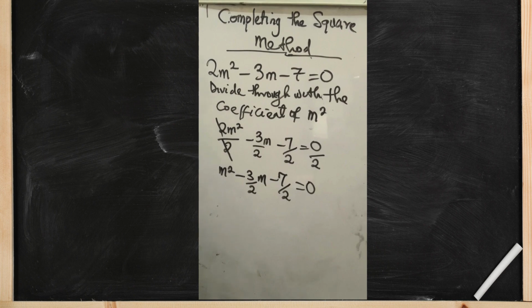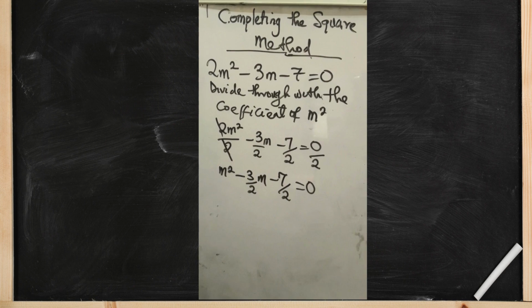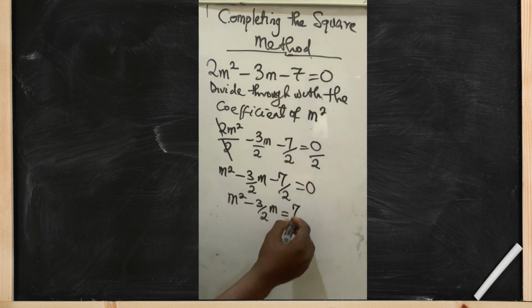You remember the next step that we spoke about the other time is to move the constants to the right hand side in order to make the part of the equation on the left hand side a perfect square. So m squared minus 3 over 2m equals 7 over 2.